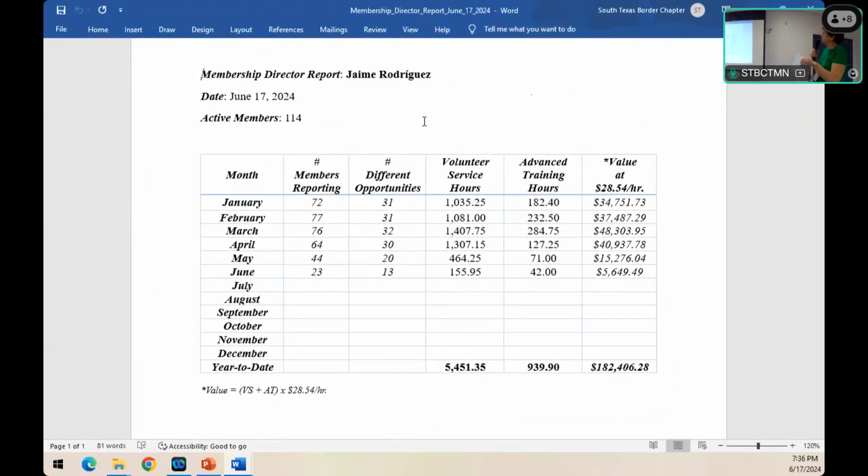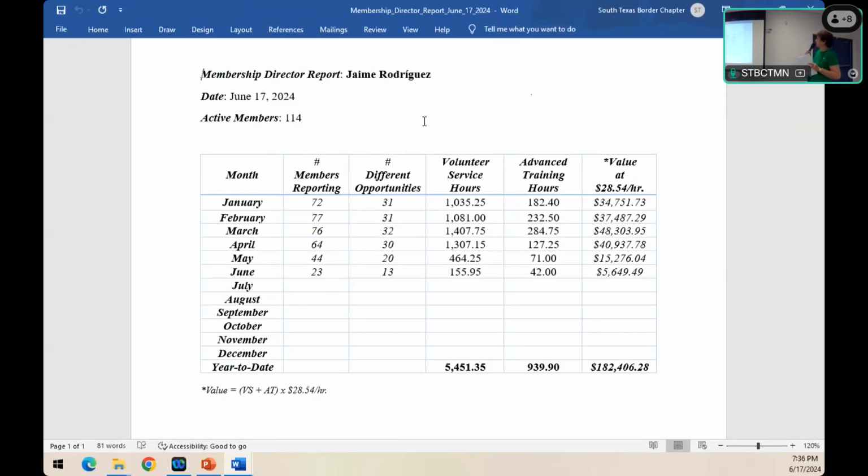For the month of June, 23, and it's way down. I don't know if it's because winter Texans are gone and it's too hot or people on vacation, but you can see in February, we had as high as 77 members report hours. Now in June, we had 23.